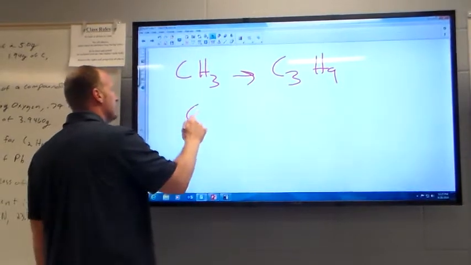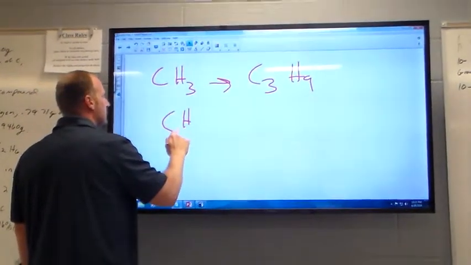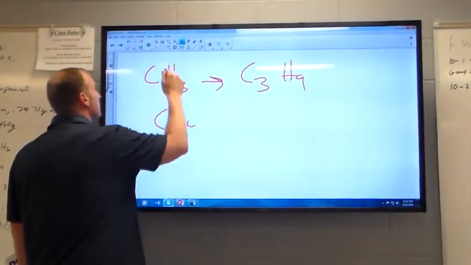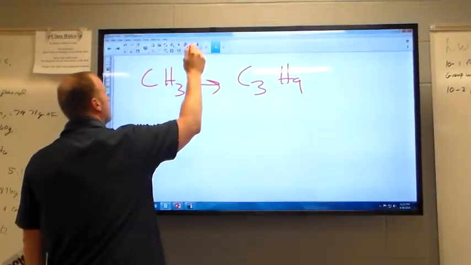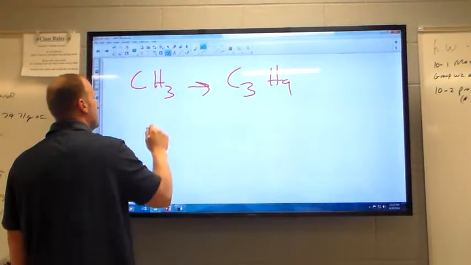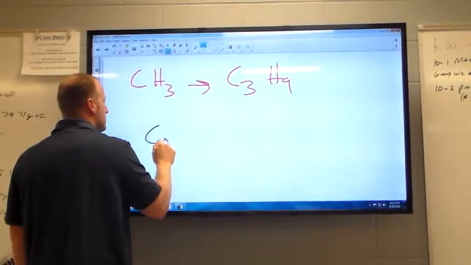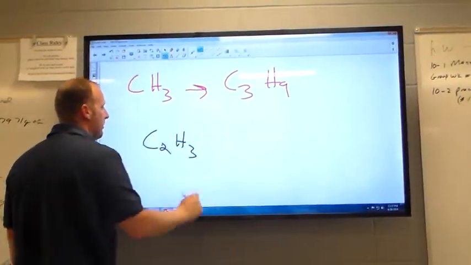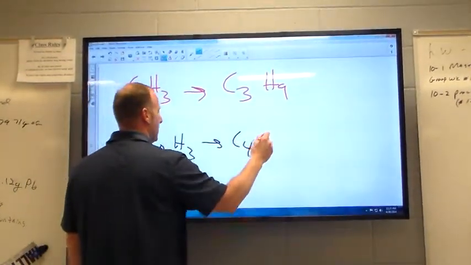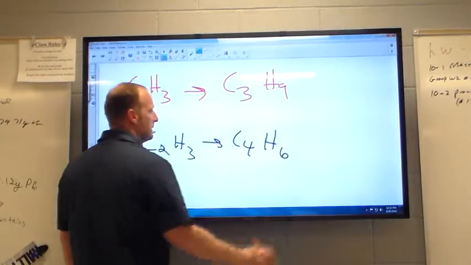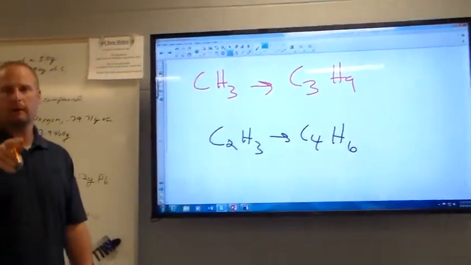And so if we have this one, C2H, oh, so do that one. That one won't work. Let's go with this one, C2H3. A possible molecular formula would be C4H6. Okay, all right.